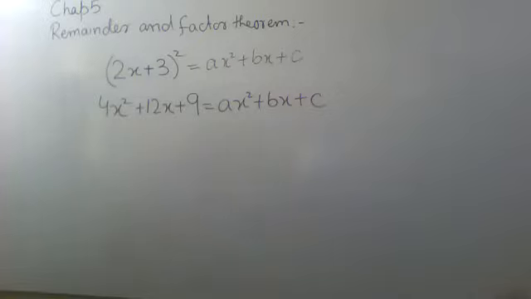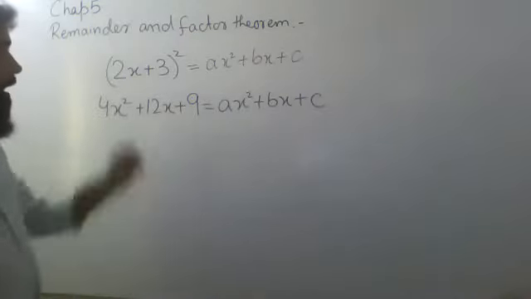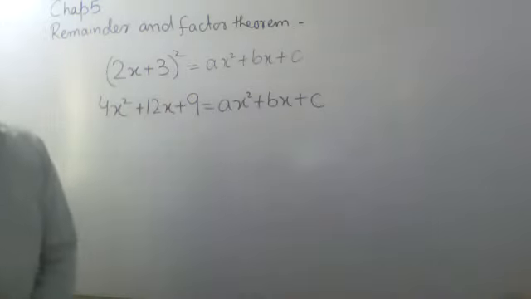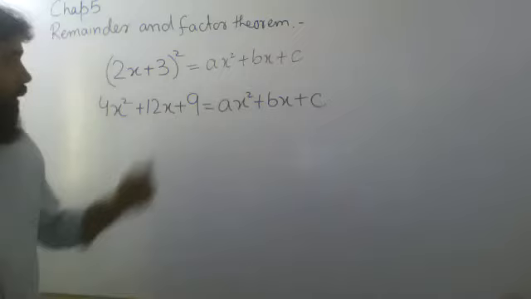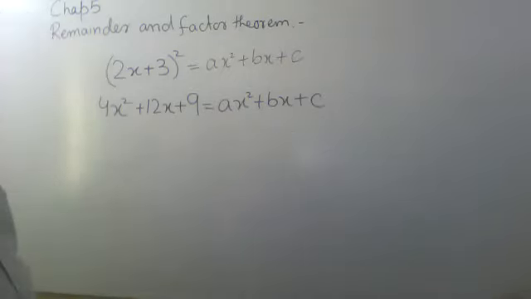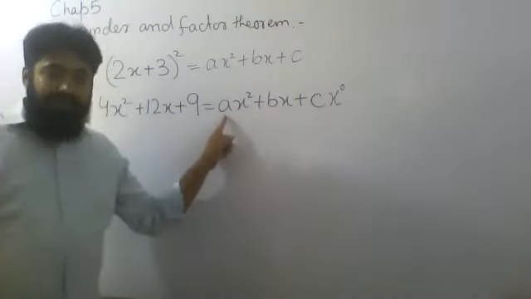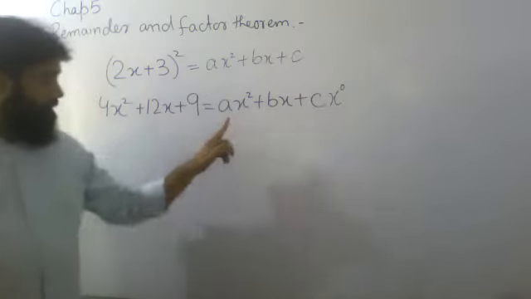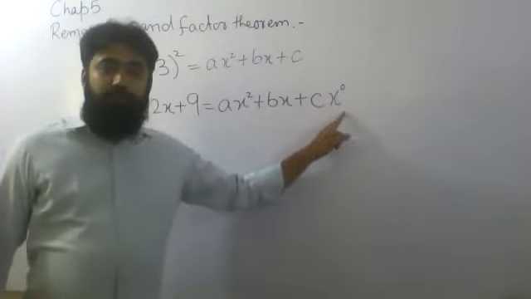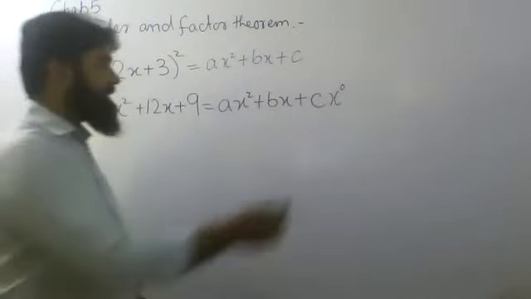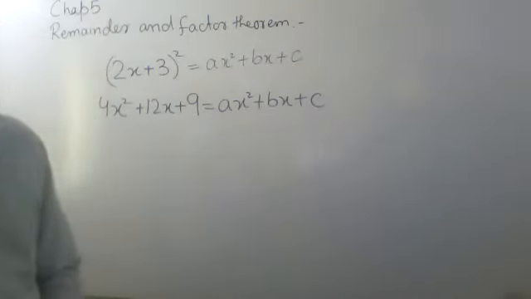Okay. Now they were not asking you to expand this one. They were saying find the value of a, b, and c. Now, what is a over here in this question? Over here, a is the coefficient of x square, b is the coefficient of x, and c is the coefficient of x to the power 0, or you can say that c is a constant because it has no variable written over there.